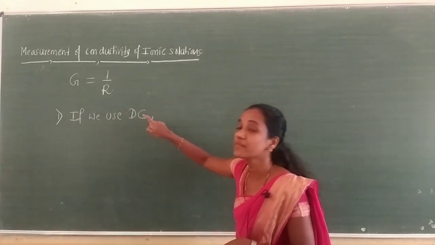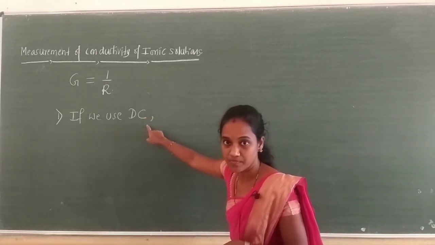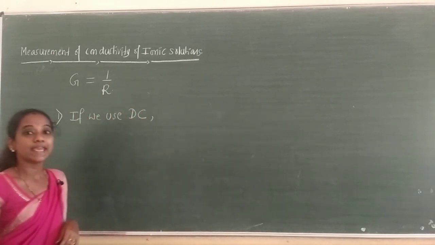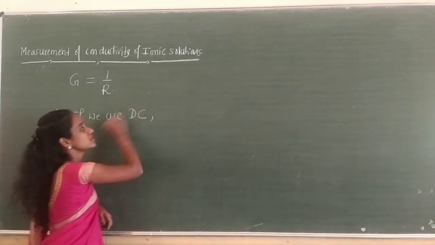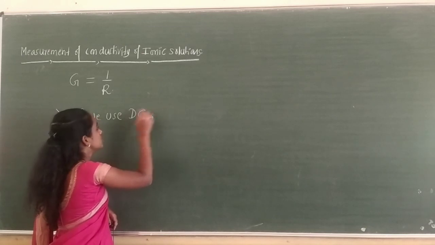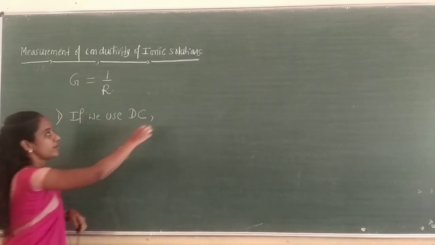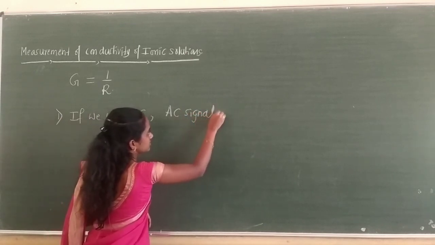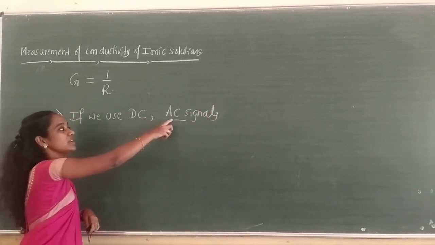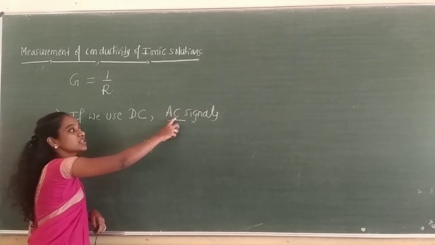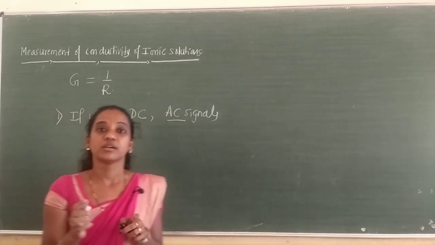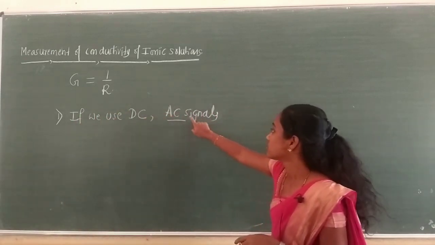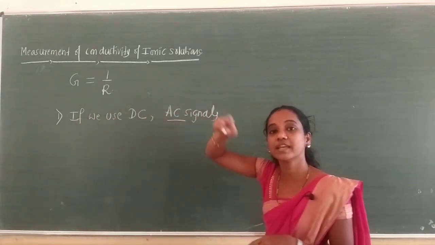So, in order to avoid that problem, we always use AC signals, or an AC power supply. With alternating current, the current can flow in both directions.